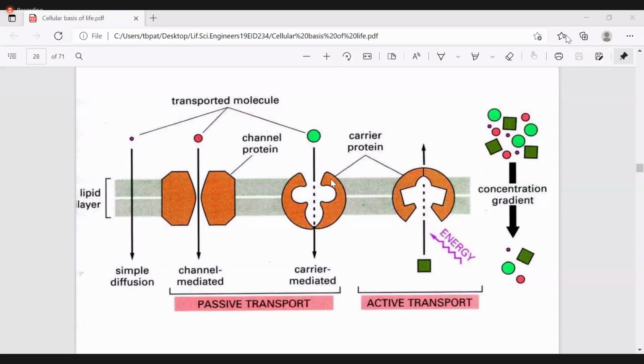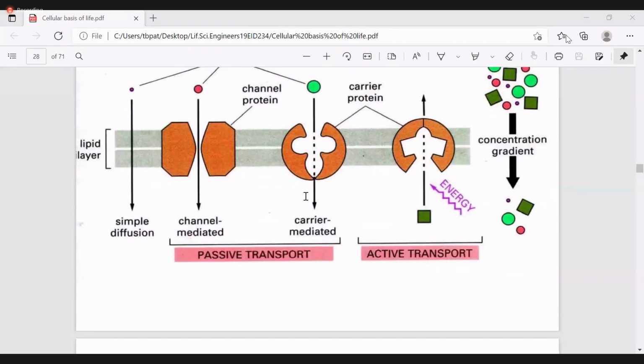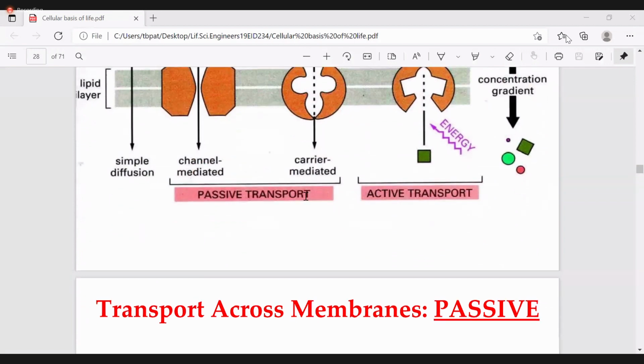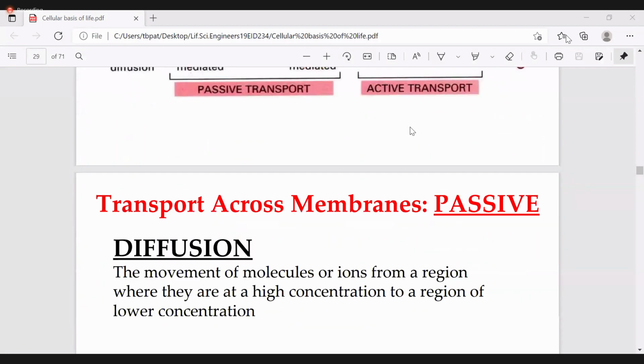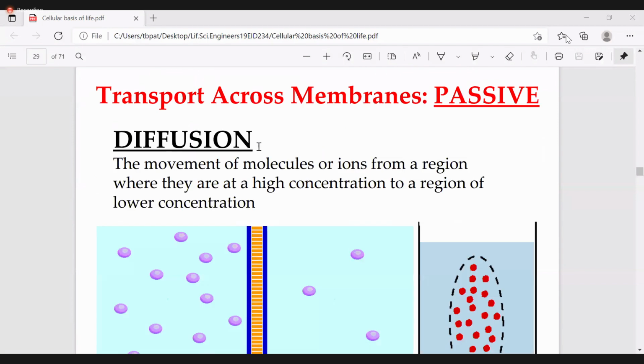Especially in this entire discussion of the cell membrane, we have simple diffusion, channel-mediated, and carrier-mediated transport. The transport across the membranes is passive diffusion.